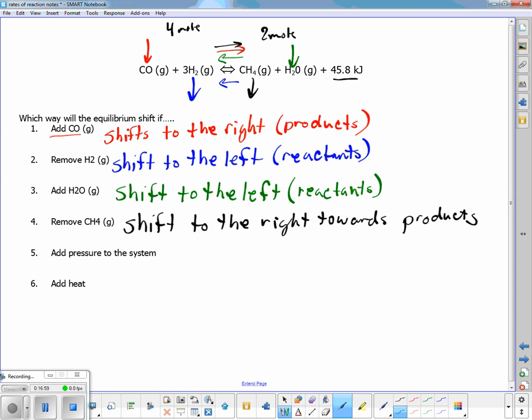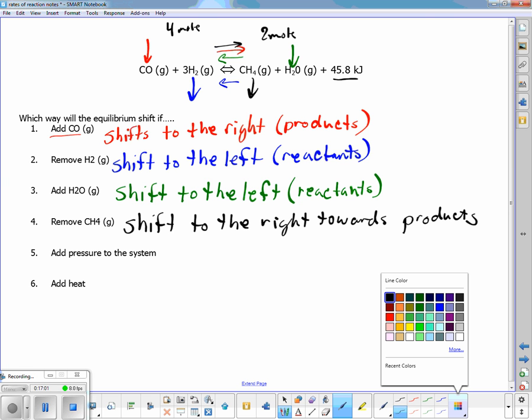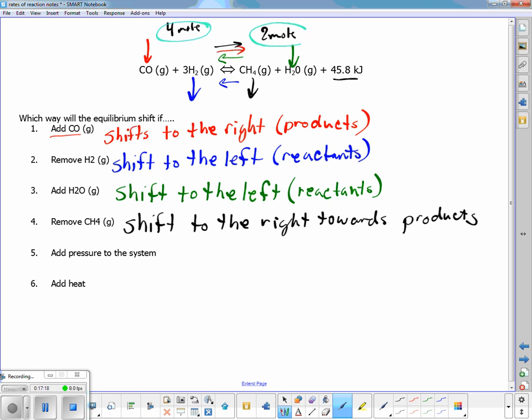Okay, got to pick another color. Aquamarine. I don't know how well it'll show. Add pressure to the system. What's that going to affect? It's going to affect these. Which one am I going to do? I'm adding pressure to the system. Which way am I going to shift? Show me with your hands.